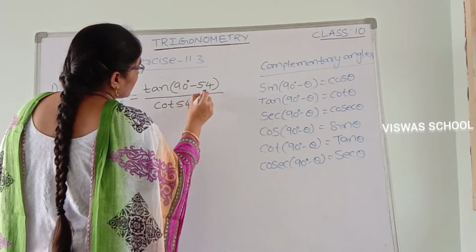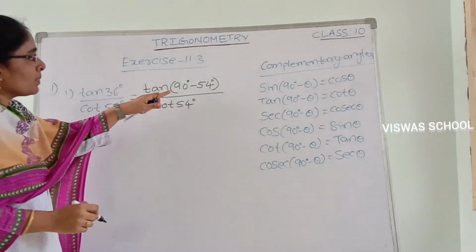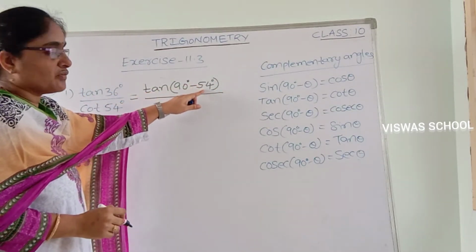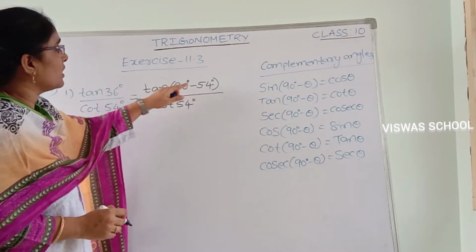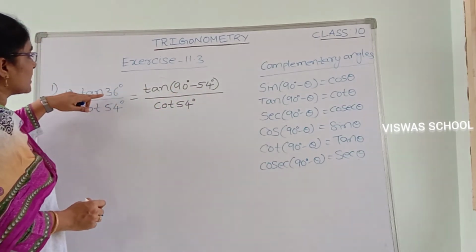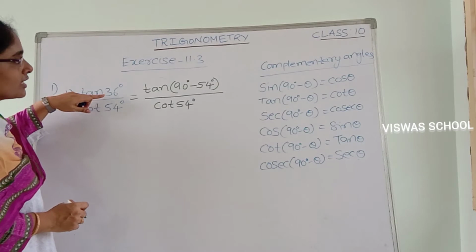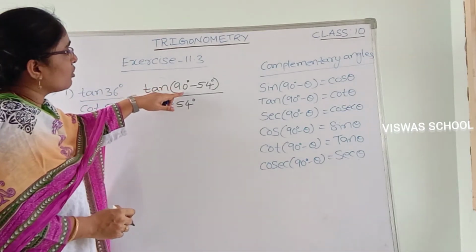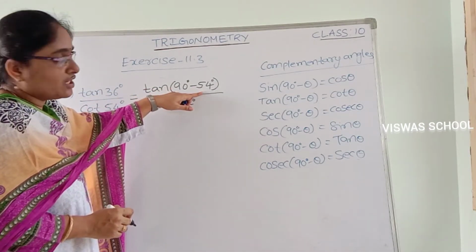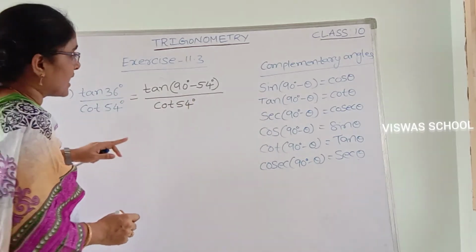Here 90 minus 54 is equal to what? 36. Without changing the original value, I am writing this as tan of 90 minus 54, and the denominator is as it is.